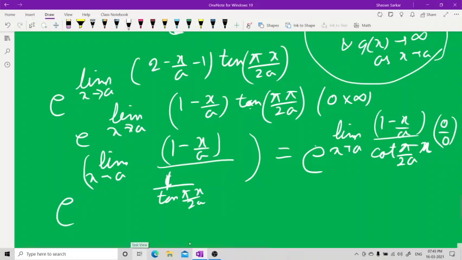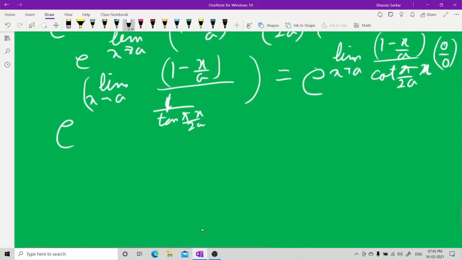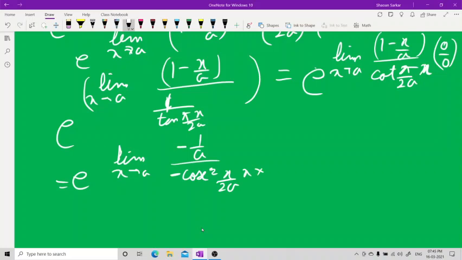So now you will use L'Hospital's rule on this. e to the power of limit x tending to a, differentiate the numerator to get minus 1 upon a, and the derivative of cot is minus cosec square (pi x by 2a) into chain rule pi by 2a. Now take the limit. This minus and this minus will cancel out.